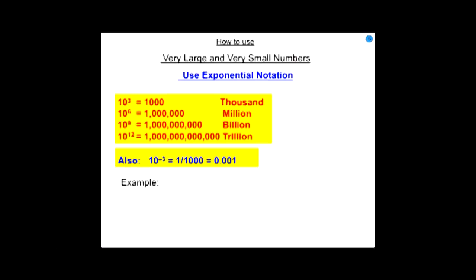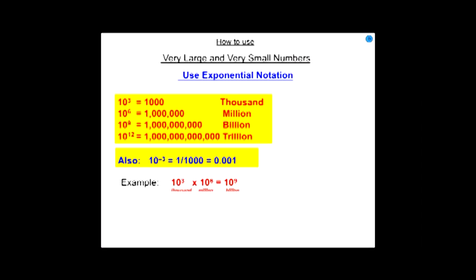I think I see a couple of hands back there. Let me give you an example, and then we're going to have a quiz. If you want to multiply 1,000 by a million, you might wonder, what's 1,000 times a million? Well, it's easy to do in exponential notation. You take 10 to the 3 for 1,000, 10 to the 6 for a million, and the rule is, when you're multiplying 2 numbers with exponential notation, you add the exponents.